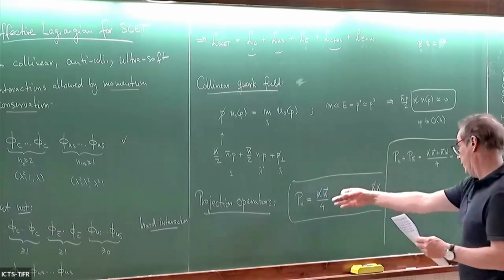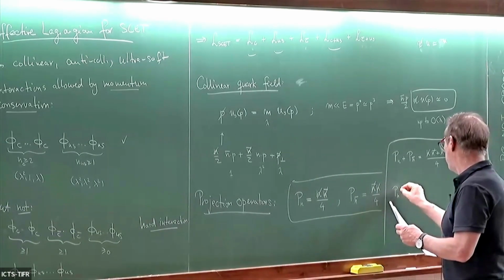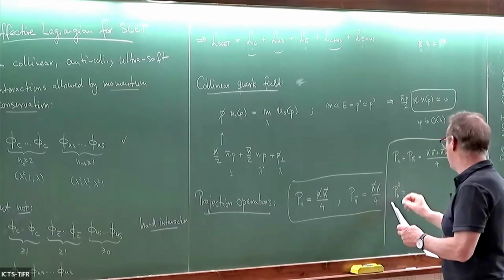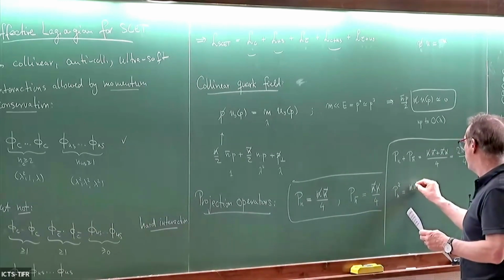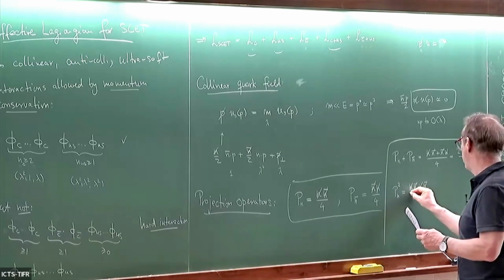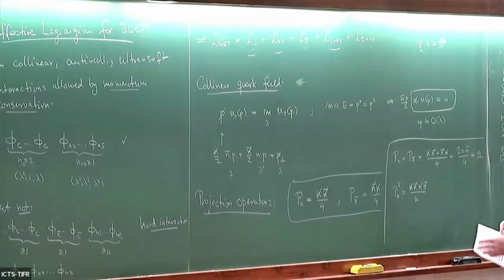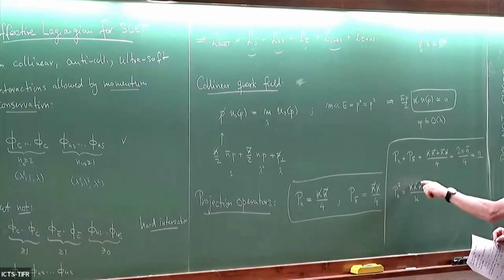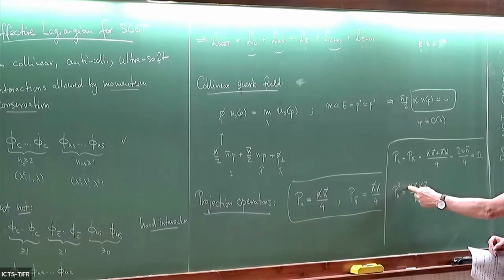So the sum of the two projectors spans the whole space, and P_n squared is equal to n-slash n-bar-slash n-slash n-bar-slash over 4 over 16. You can now commute this n-slash through, then it hits the other n-slash, that gives 0.